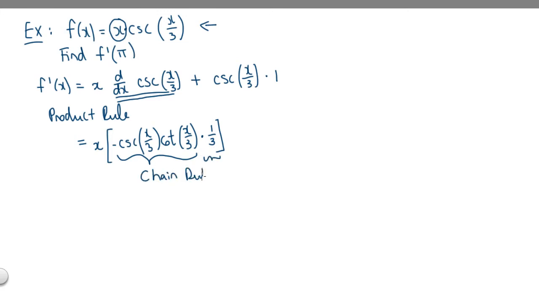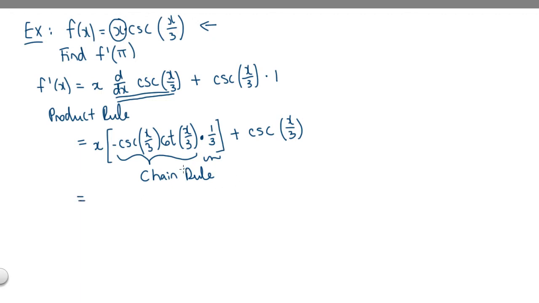All right, so that is an application of the chain rule. We've always got the 3 parts to the chain rule, taking the derivative of the outside function, multiplying, and then writing down the derivative of the inside function. Then, continuing to recopy here, we've just got a plus cosecant of x over 3.